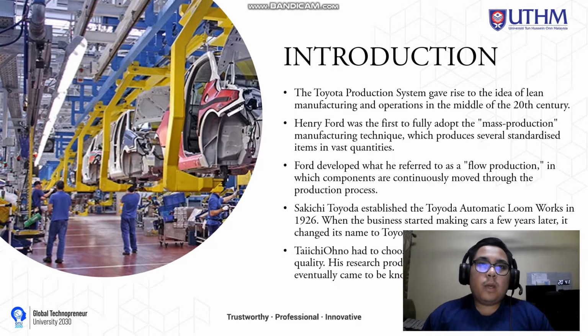Next, we need to go back to the beginning of modern manufacturing to understand the history of lean. Henry Ford was the first to fully adopt the mass production manufacturing technique, which produced several standardized items in vast quantities. Ford developed what he referred to as flow production, in which components are continuously moved through a production process.